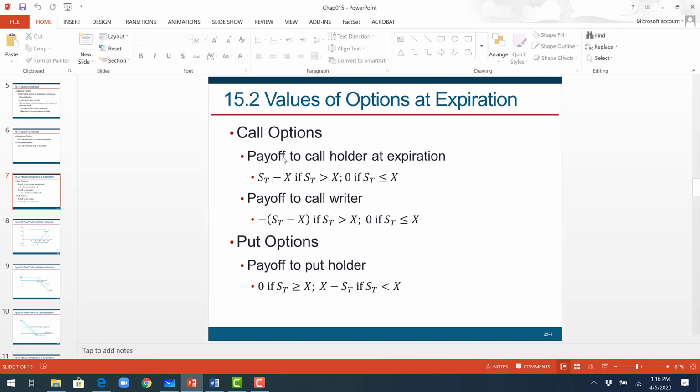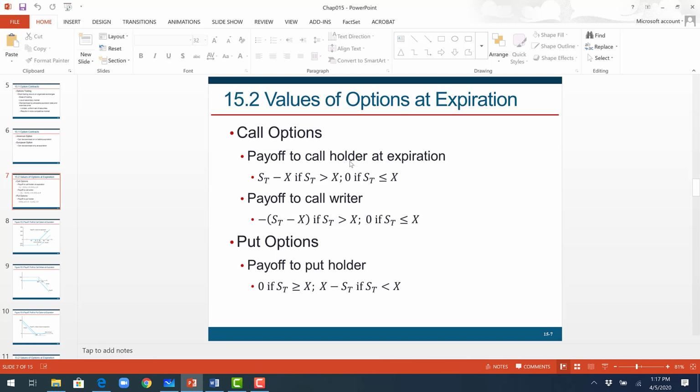Now, one thing that is also important is that you can take the other side of this trade as well. So you can be a buyer of the call option, but you can also sell the call option. So you can be a seller, or what is known as the call writer. All right. So think of this as a transaction between two parties.